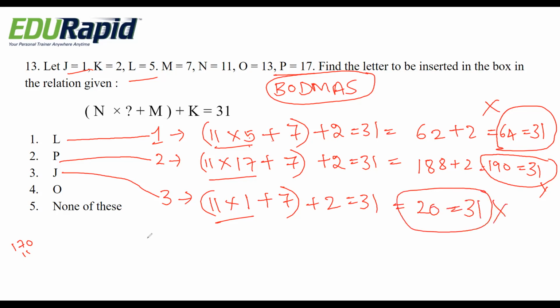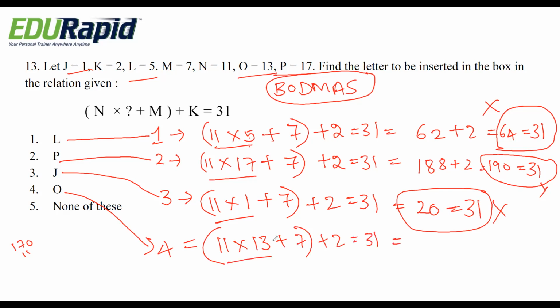Let me go with the fourth option. 11 into, for O it is 13, plus 7 plus 2 equals 31. 11 into 13, you have to split: 130 plus 13, that is 143. 143 plus 7 is 150. 150 plus 2 is 152, equals 31.